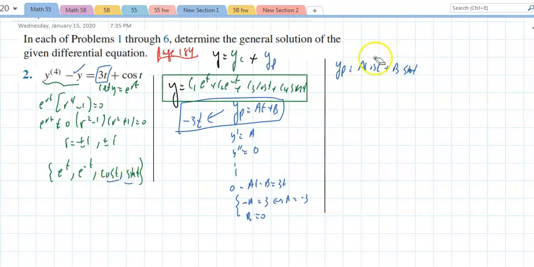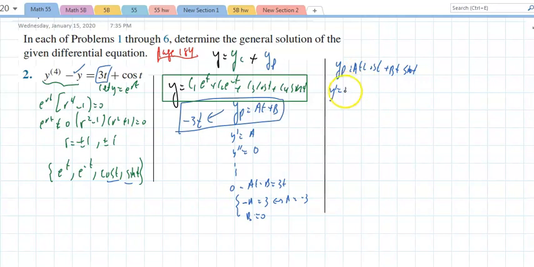So I have to modify those. And how do you modify those? You tag on a t. And I need 4 derivatives of this. Not a lot of fun to do, but it's doable.